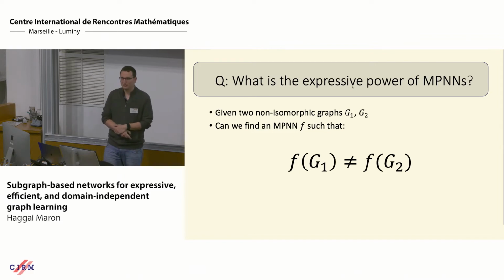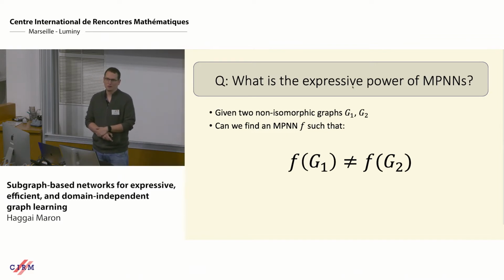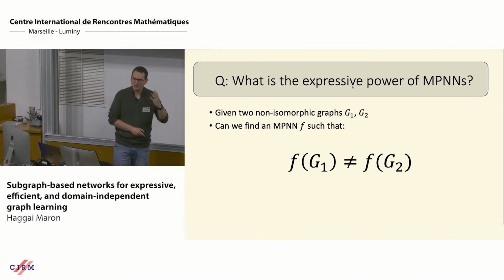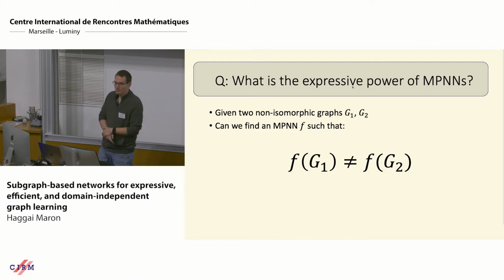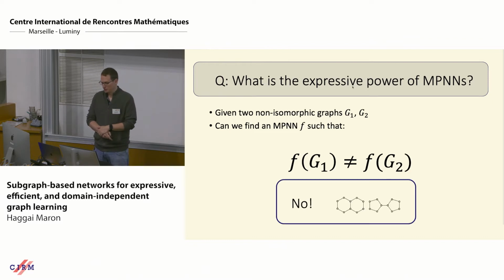Separation means that we can take a model with a specific set of weights that outputs different values for the two graphs. This seems like a trivial thing for MLPs, for instance, or for images even. But for GNNs, it turns out that this is not the case. So there is a limitation to the expressive power of message passing neural networks.